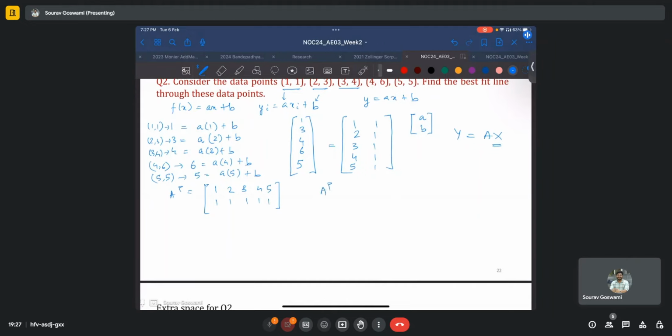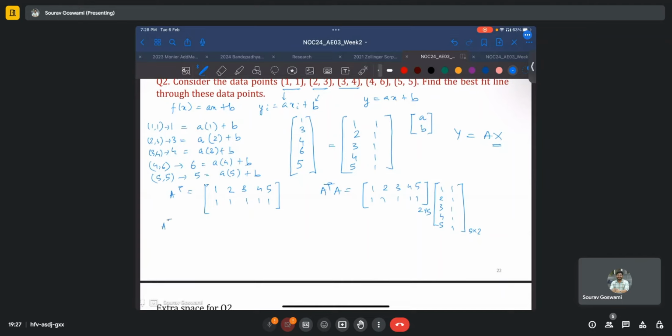A transpose A is 1, 2, 3, 4, 5, 1, 1, 1, 1, 1 times 1, 2, 3, 4, 5, 1, 1, 1, 1, 1. This is 2 cross 5. This is 5 cross 2. The system I'll end up with will be 2 cross 2.